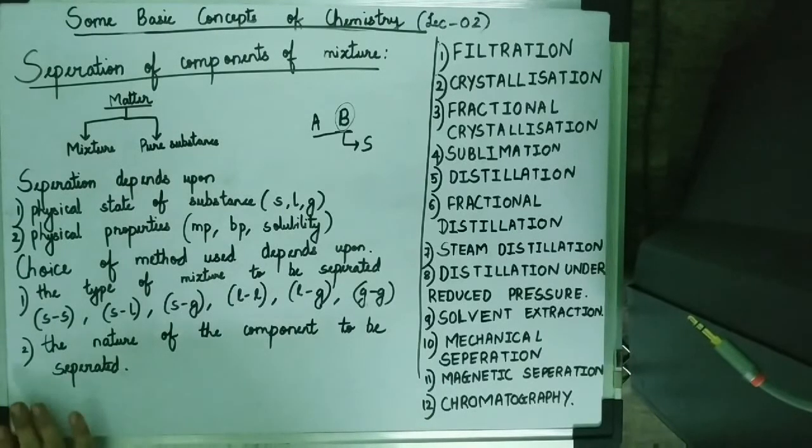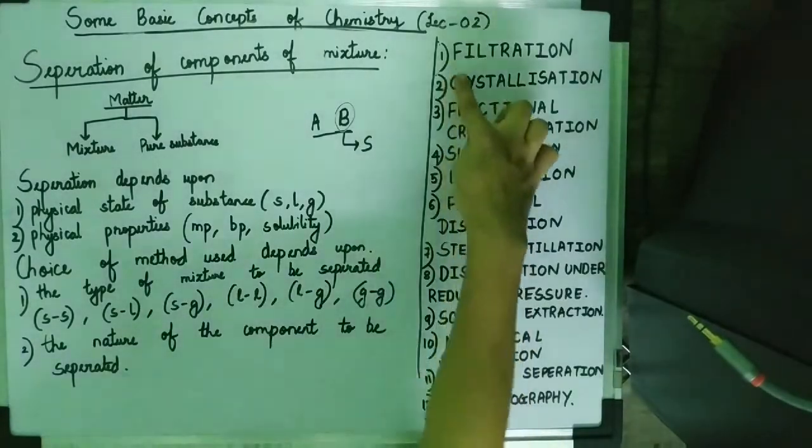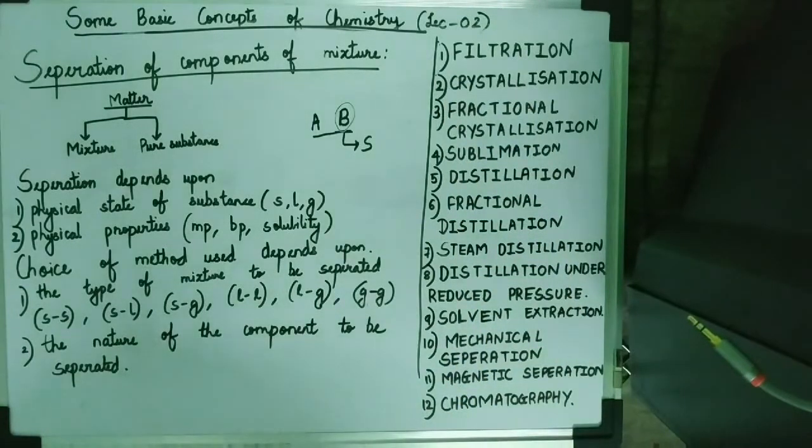Then the second factor on which the choice depends is the nature of the component to be separated. So the compound that we have to separate is a solid or a liquid or a gas. So it also depends upon the nature. Okay, so as I've listed down, there are 12 different techniques that are actually used.